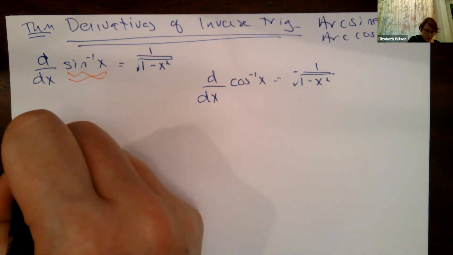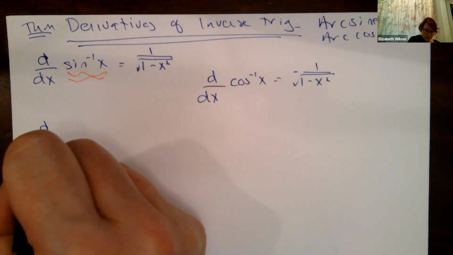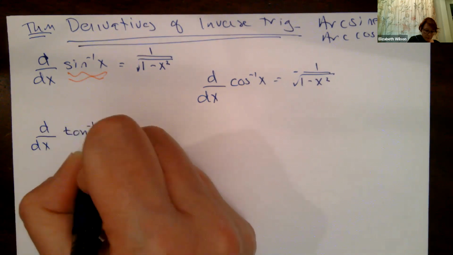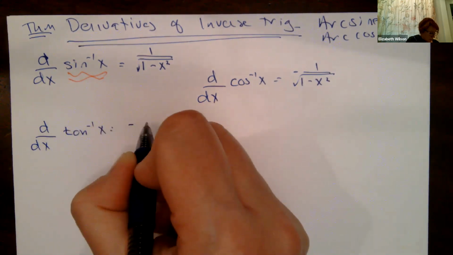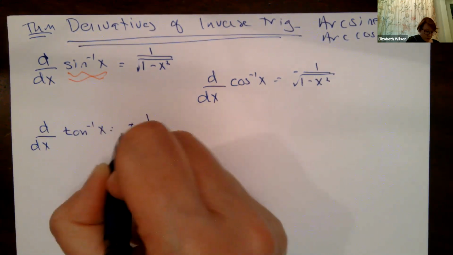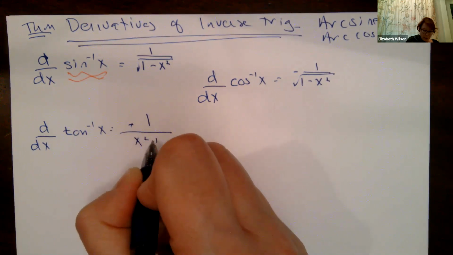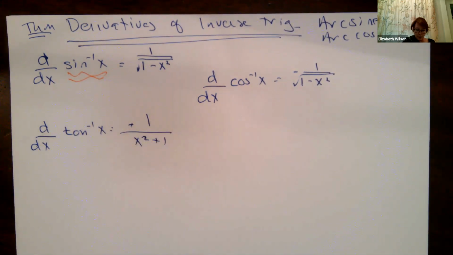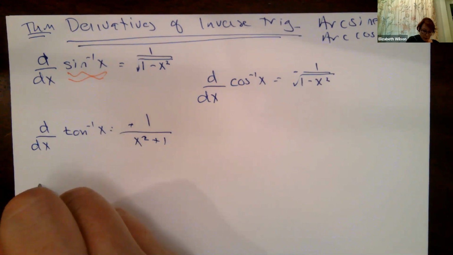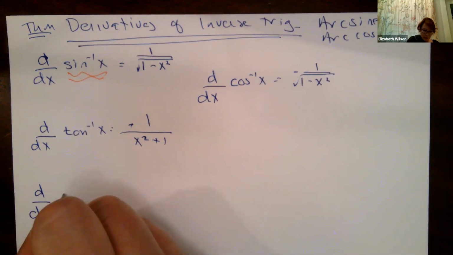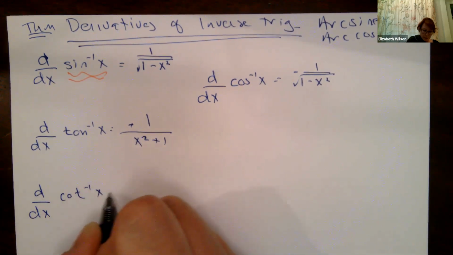Also for tangent, cotangent. So the derivative of inverse tangent is positive 1 over x squared plus 1. Our cotangent function, that's our negative.